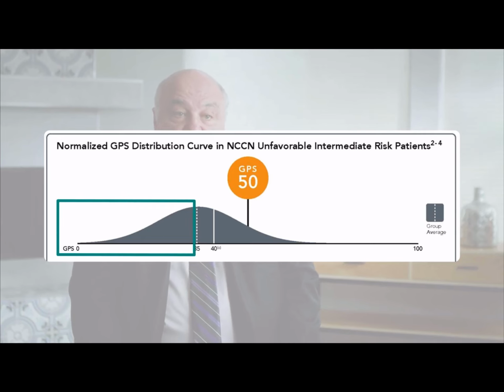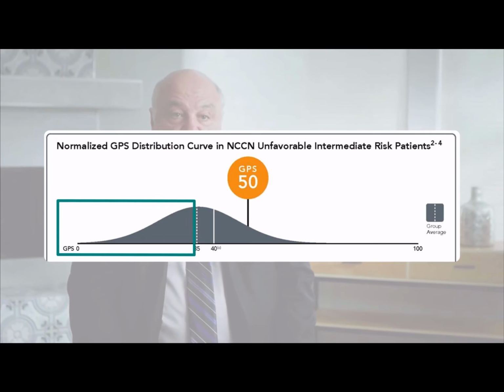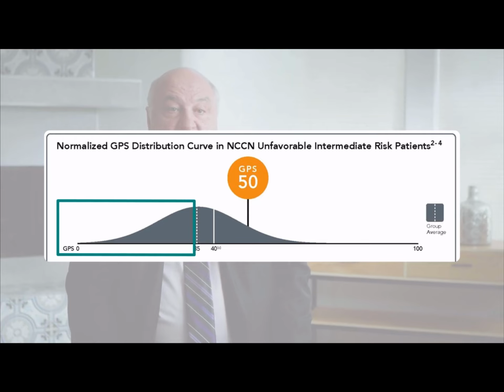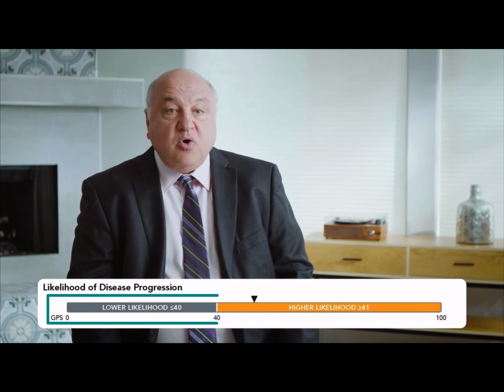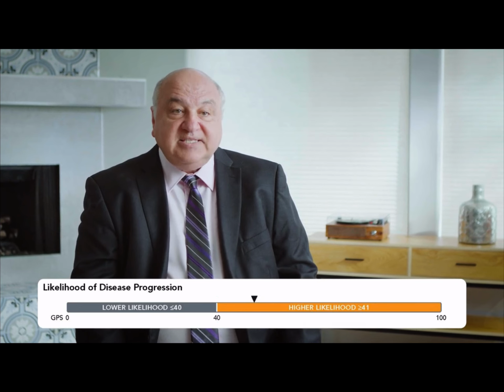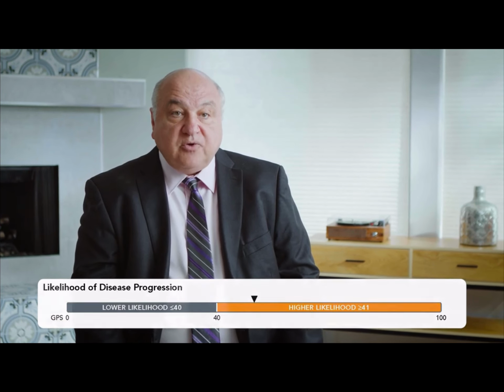If the GPS result is to the left of the center of the curve, then the risk is lower. Our data indicate that results up to 40 have a lower risk of disease progression, and results 41 or above have a higher risk. This is indicated by the bar below the curve.